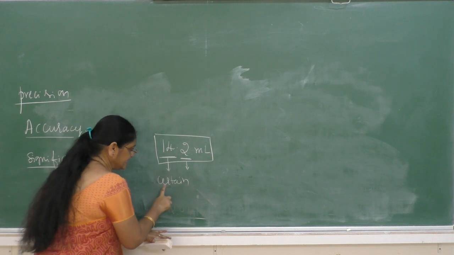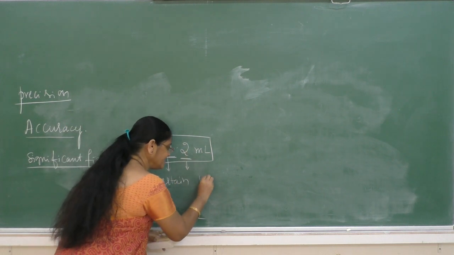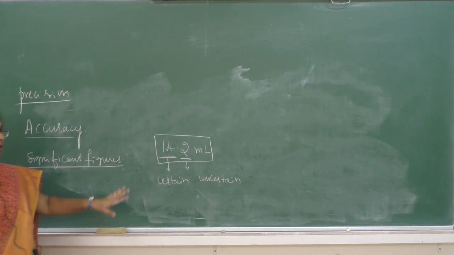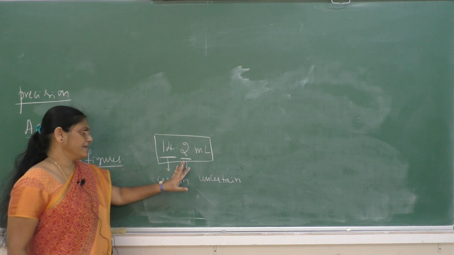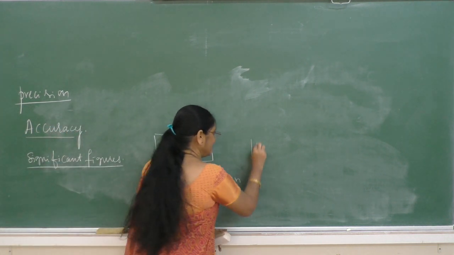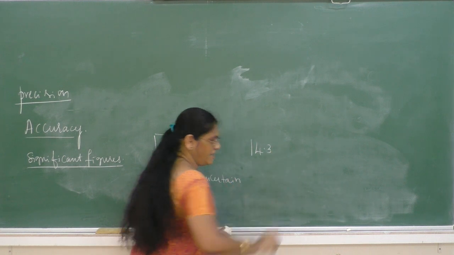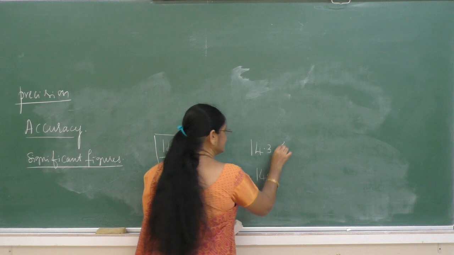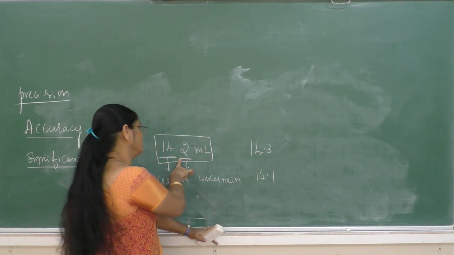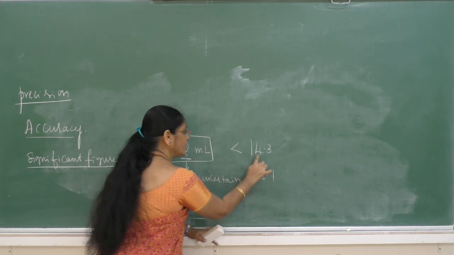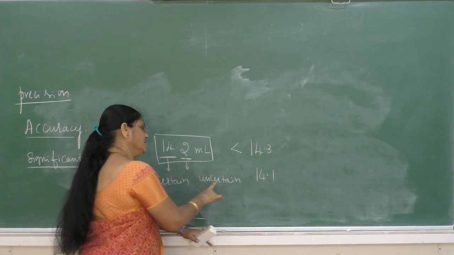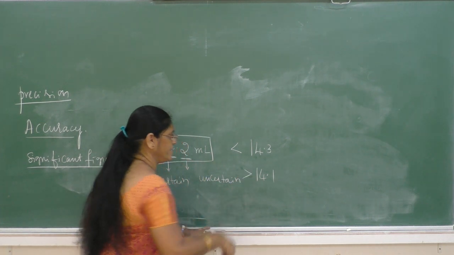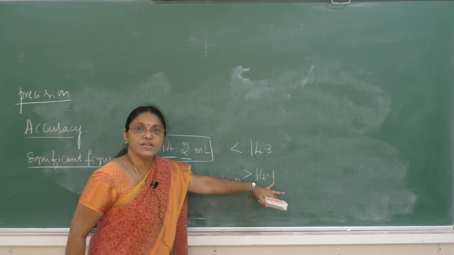The 14 is certain and 2 is uncertain. Means the volume obtained from an experiment may be less than 14.3, or it is more than 14.1. So, this volume should be less than 14.3 and more than 14.1.